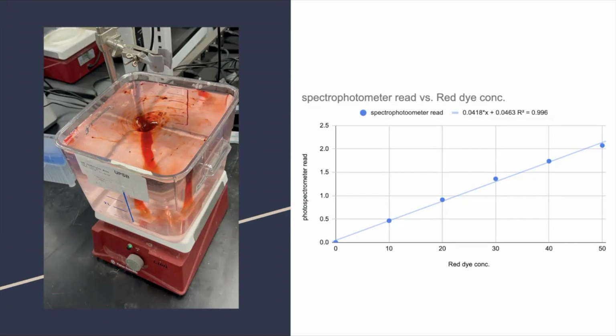We then placed these solutions into the cuvettes, along with the blank, into the spectrometer at 504 nanometers, which is the optimized wavelength for the spectrometer for red dye 40. The readings we obtained and the subsequent calibration curve are shown on the graph.